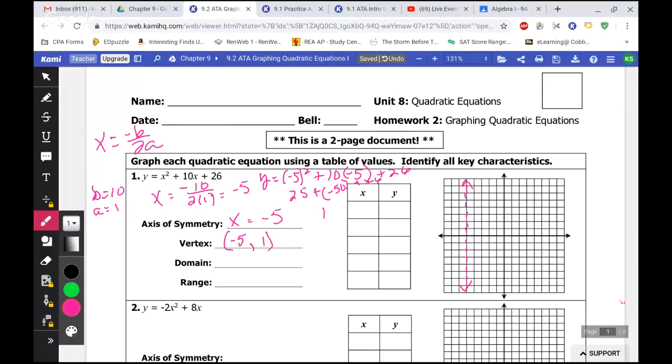So our vertex is -5, 1. So we put that in the middle of our table like that. And we're going to go ahead and plot that point. 1, 2, 3, 4, 5. Once again, confirming our axis of symmetry. And it's going to be this point right here on the graph because we're going to go up 1.